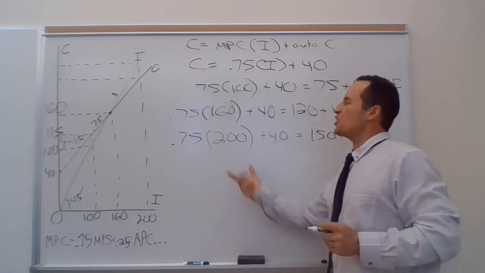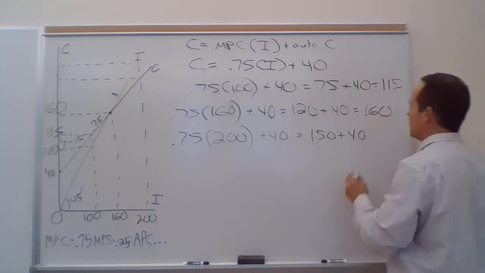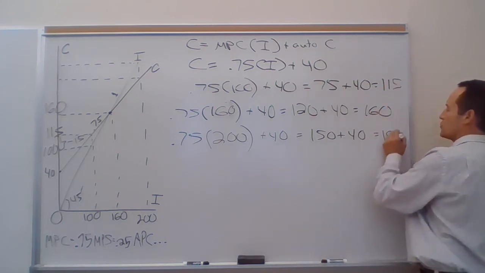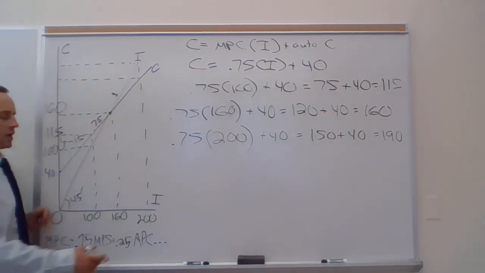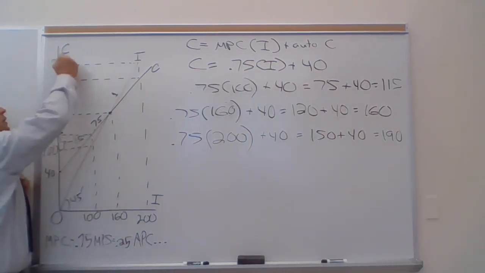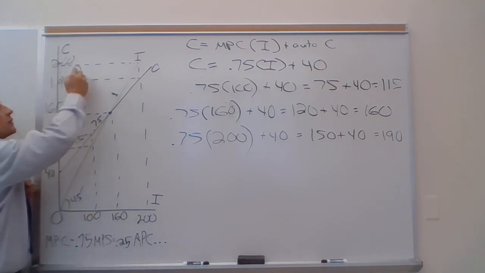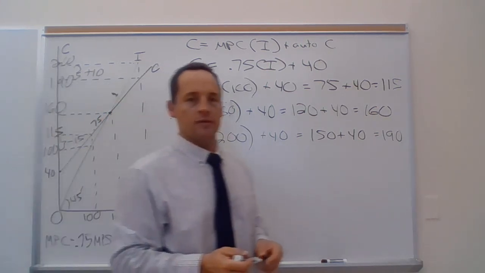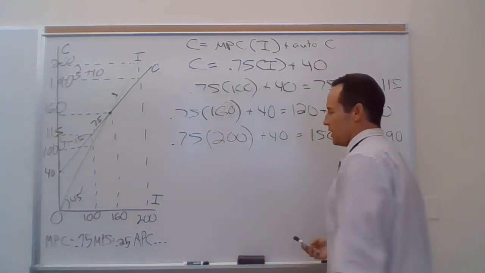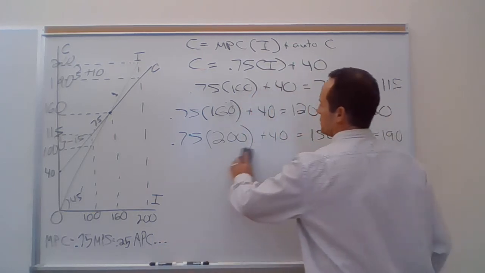Many books call this induced consumption, consumption that is induced by income. Total consumption is 190. So income 200, consumption 190, savings plus 10. That completes the Keynesian cross.